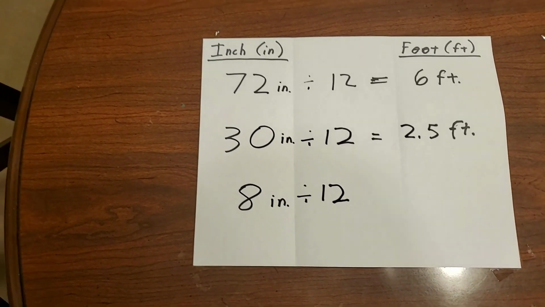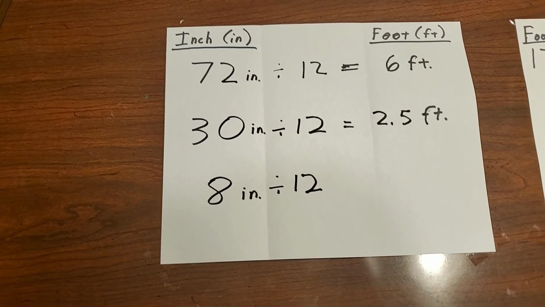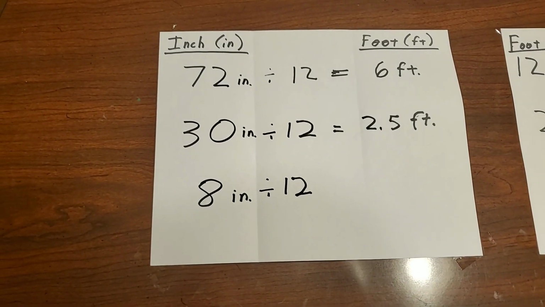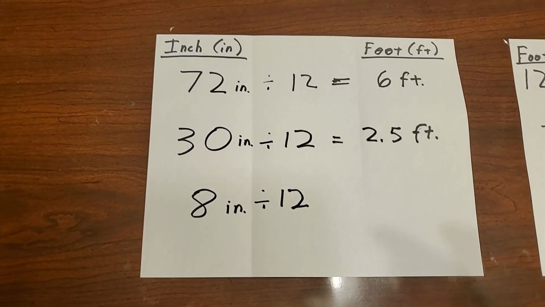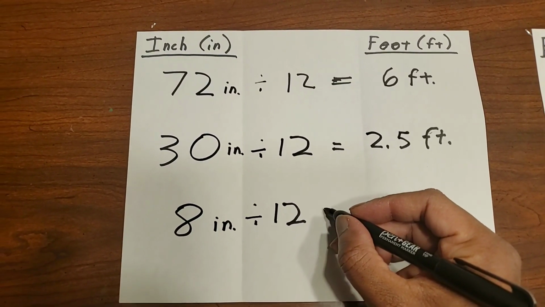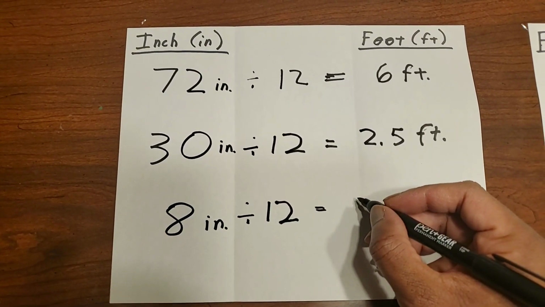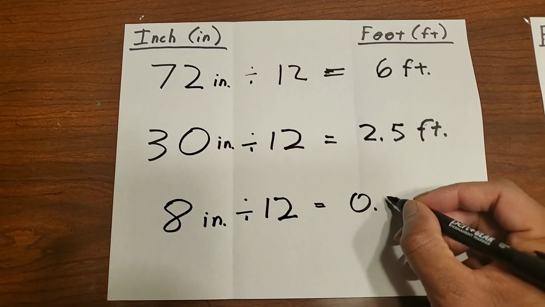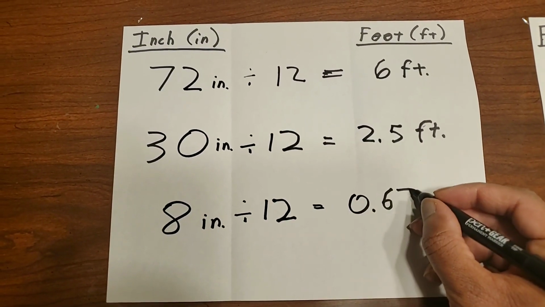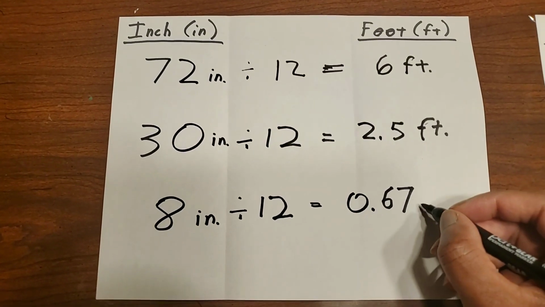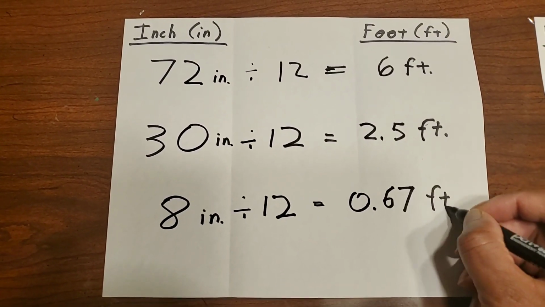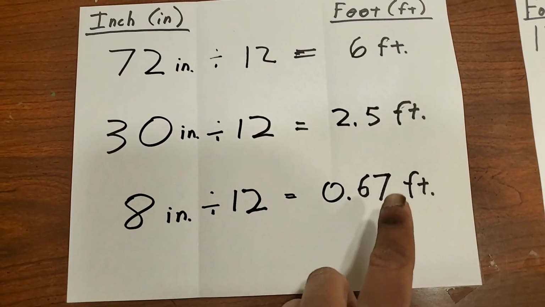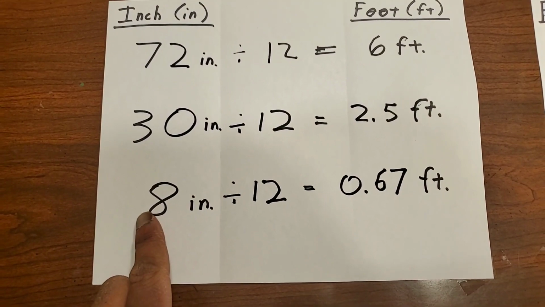Use a calculator or a piece of paper. On my calculator, I have 0.67. 0.67 feet. So I don't have a whole foot, I have a part of a foot, and that's okay.